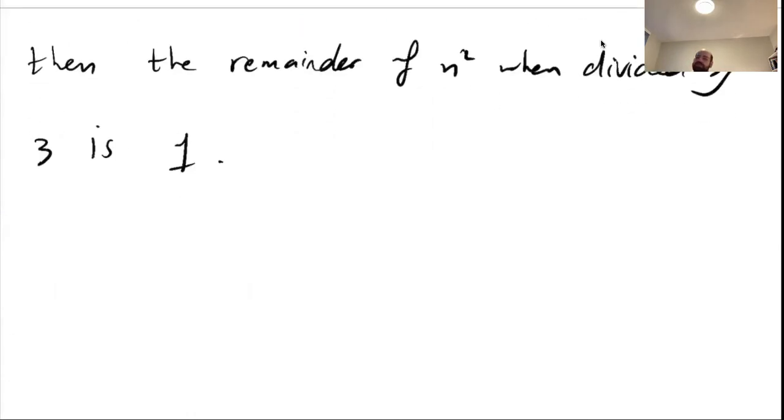So let's think about a few cases. For example, 4 is an integer not divisible by 3. And then it says the remainder of n squared when divided by 3 is 1. So that's the conclusion. So if this is n, then 4 squared will be 16, and the remainder of 16 when divided by 3 is 1.